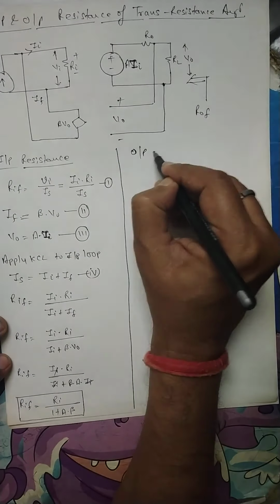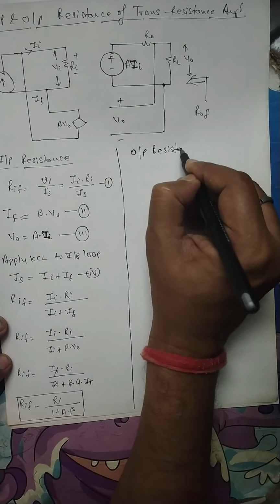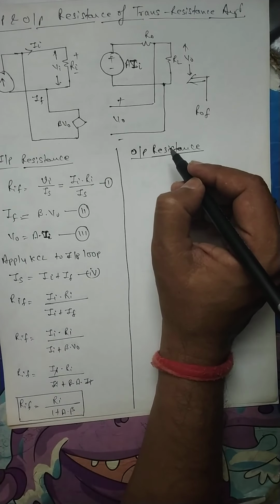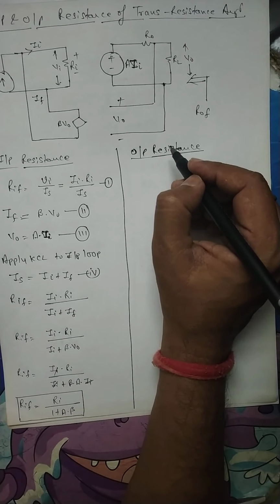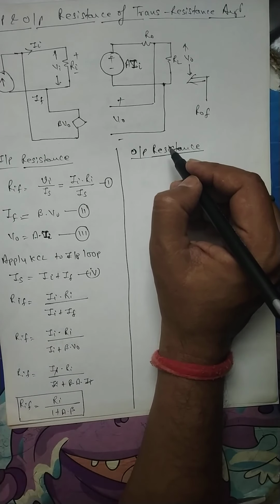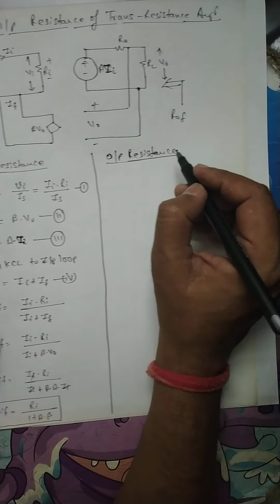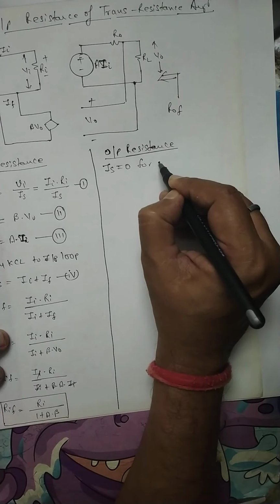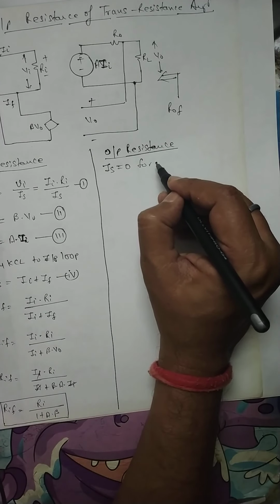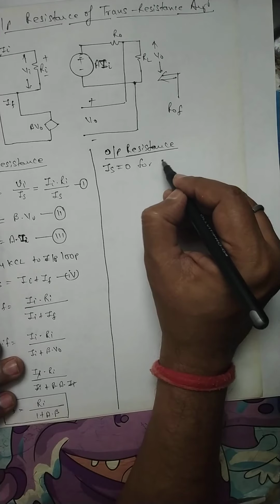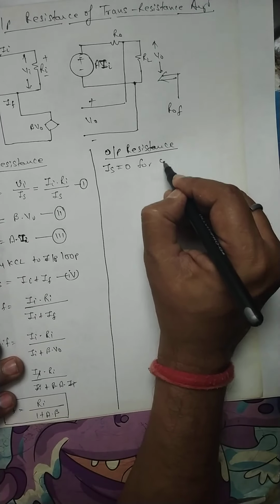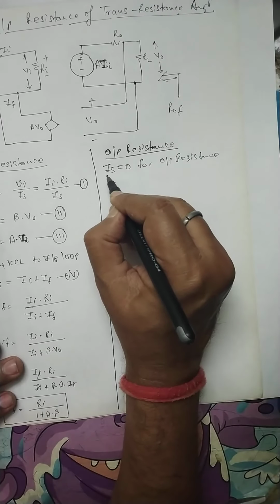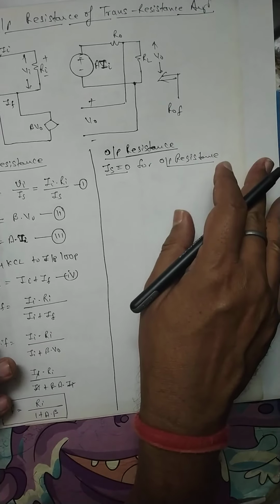Now we come to the output resistance. For the calculation of output resistance, you know that the input parameter will be 0. Here the input Is will be 0. So for calculation of output resistance, the input current source Is should be 0.